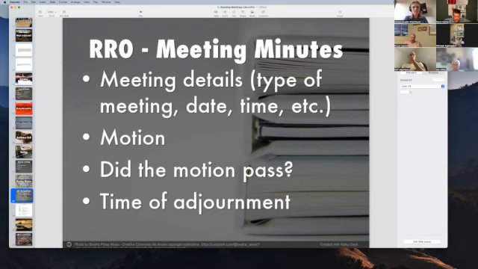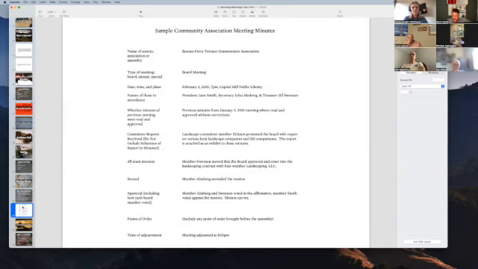But really, Robert's Rules says, give a little meeting details: the type of meeting, the date, time, location, and then really all that should go in there is the motion, who made it, who seconded it, and did it pass, and then the time of adjournment. This is on our website. This is just a sample, but type of meeting, date, location, those present, and then it's just really motions made and if it was seconded.